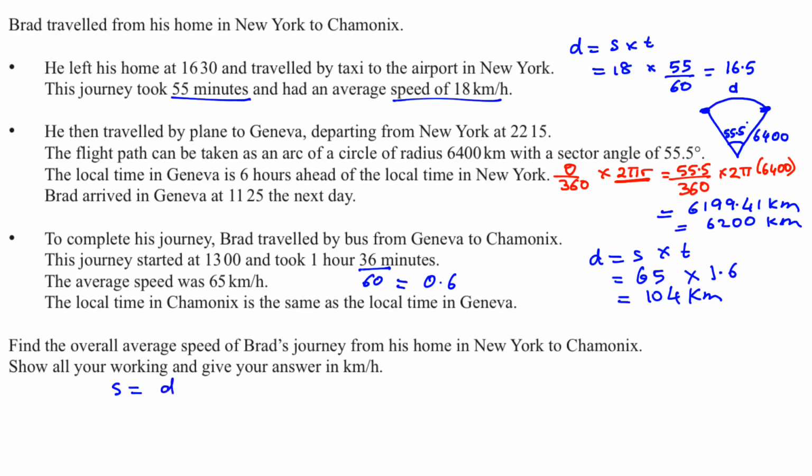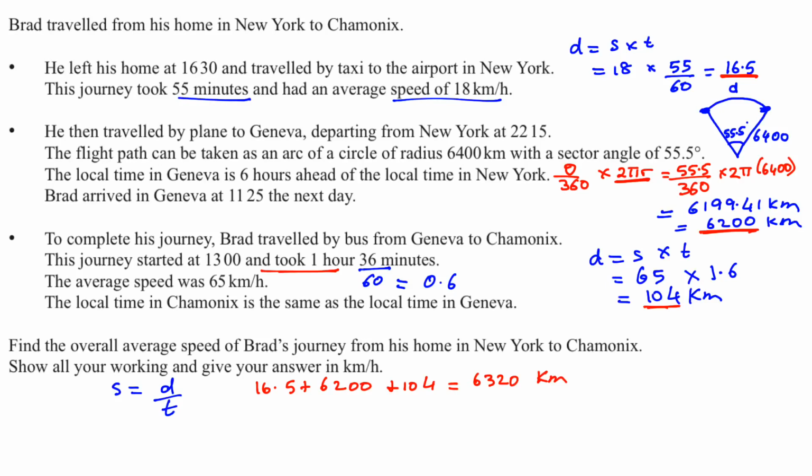To find speed, we'll do distance over time taken. Total distance from now is 16.5 plus 6,200 plus 104. Let's see what we get.